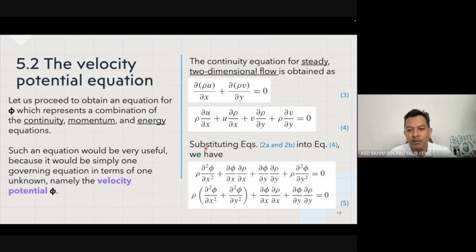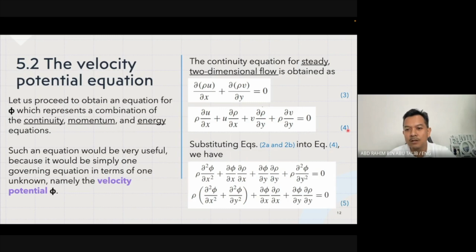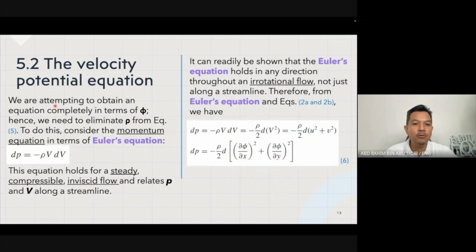We then substitute the Cartesian velocity components 2a and 2b into equation 4. So we have this expression, which we name equation 5. We are attempting to obtain an equation completely in terms of the velocity potential phi.